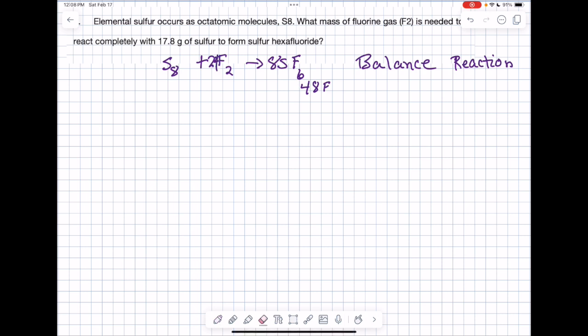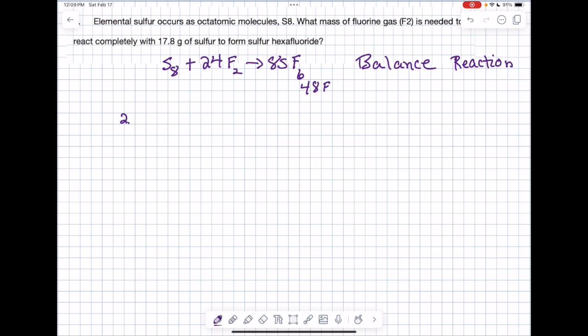Here, and let me erase that and make a little bit more room here. So now I've got 48 fluorines on the left and 48 fluorines on the right. So we're all good. We have a balanced chemical reaction. So the first step was balancing the reaction.